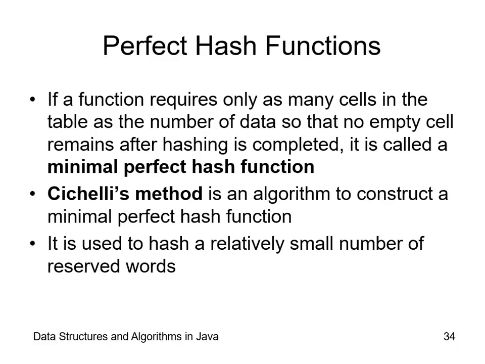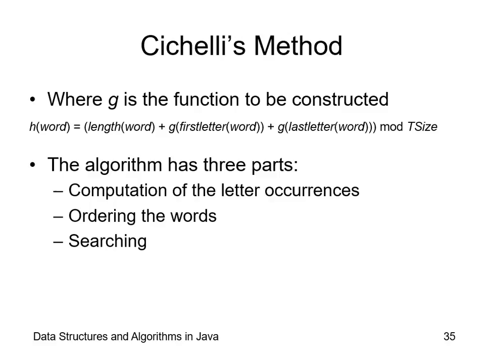For example, there is a person named Cichelli who came up with the idea for a perfect hash function. This is the way he calculates the hash function.